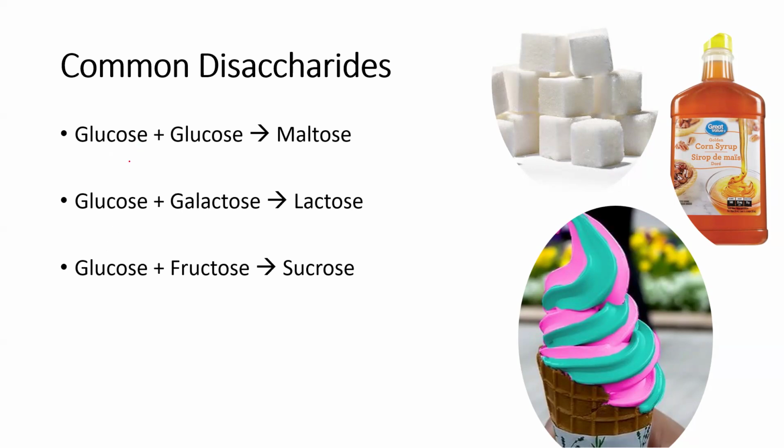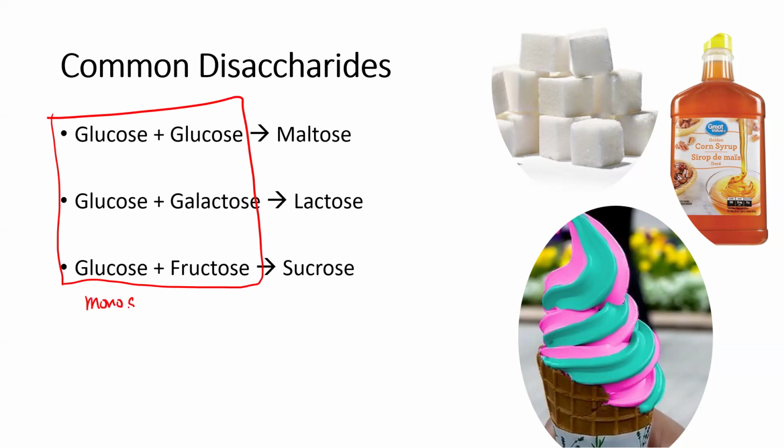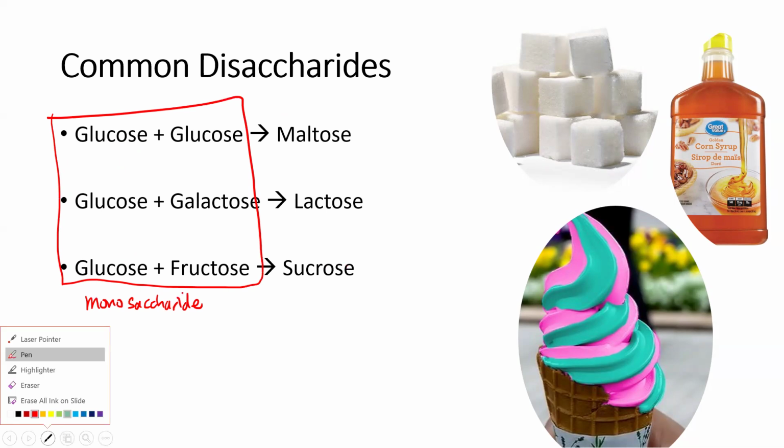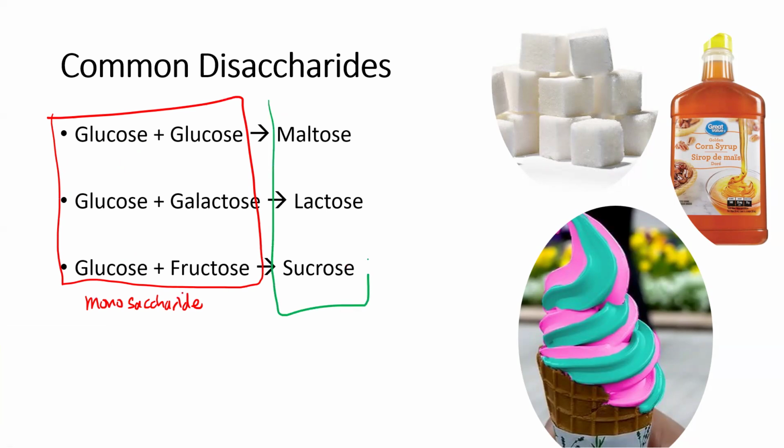But depending on which one you combine it with, you're going to end up having different things. So just to reiterate, all these things are monosaccharide. And these ones over here, what do we call these ones? Disaccharide.